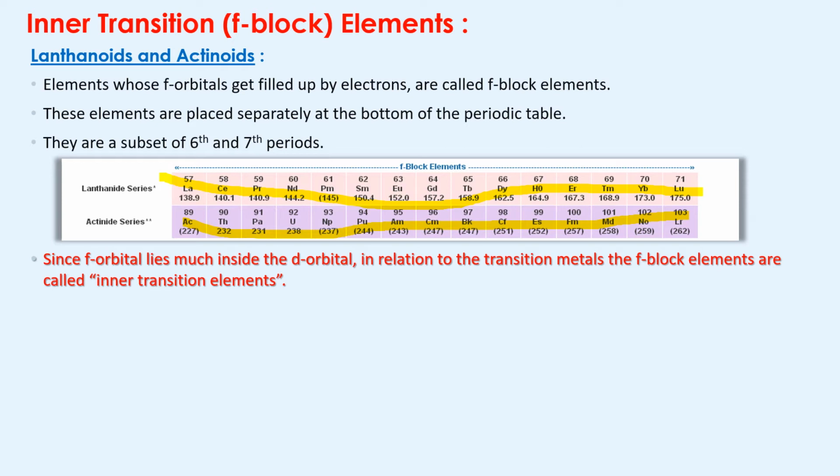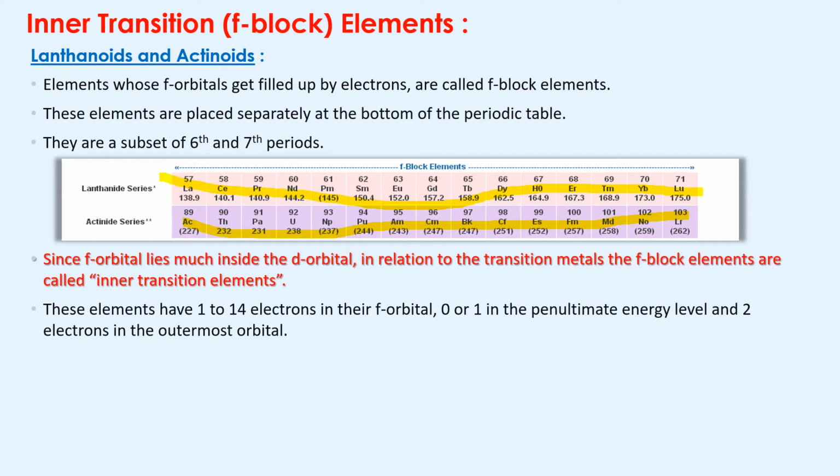Since the f orbital is inside your d orbital, means d orbital is outside of your f orbital, relative to the transition elements you call them inner transition elements because they are inside your d block.